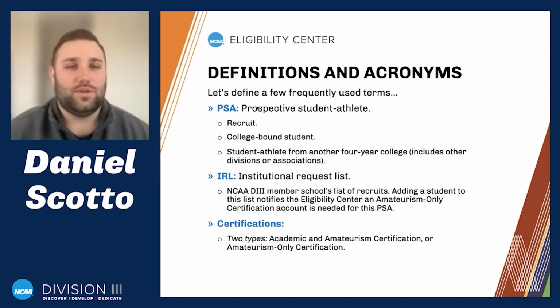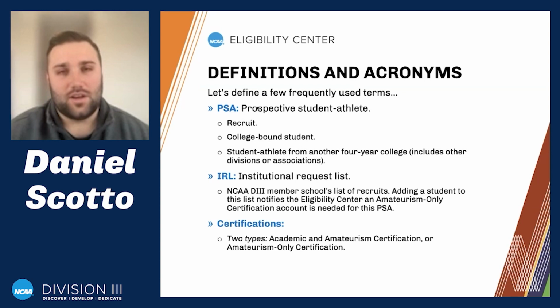Once they add a student to their IRL, it will notify us, the Eligibility Center, and it will tell us that they need that amateurism only certification account that is needed for them to compete. And then finally, the two types of certifications: there's the academic and amateurism certification or the amateurism only certification.